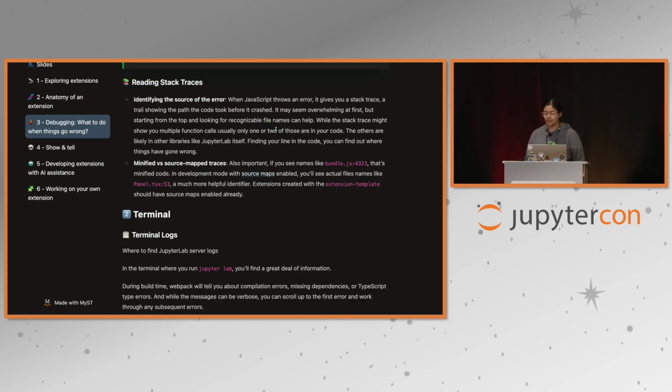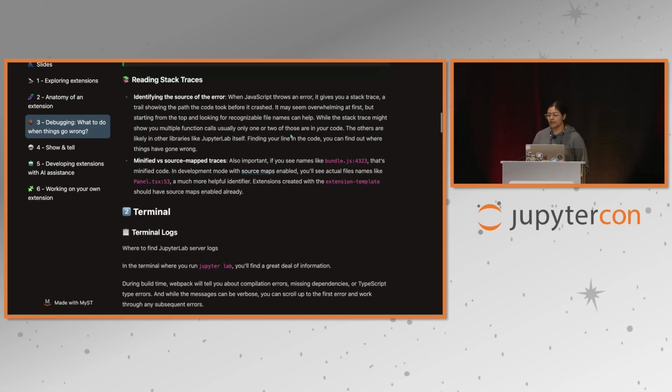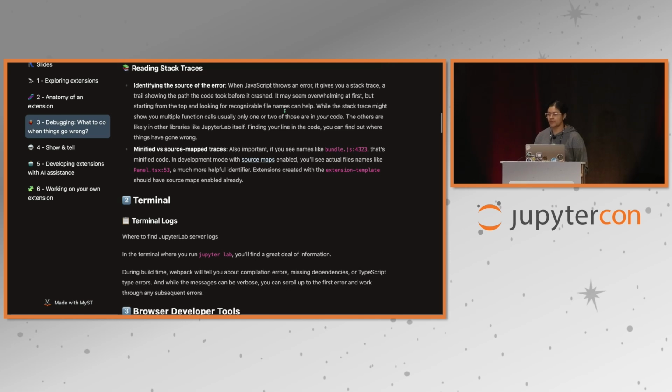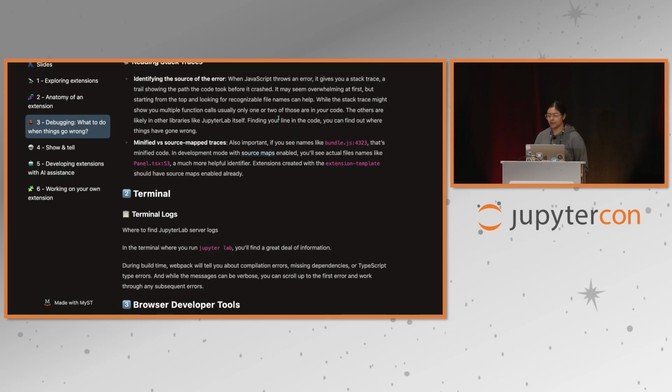So usually looking at the first few lines of that can give you an idea of where in your code things have gone wrong. Many times the traceback contains references to other libraries that are not necessarily the root cause of the error. So maybe scan that for file names that you recognize.